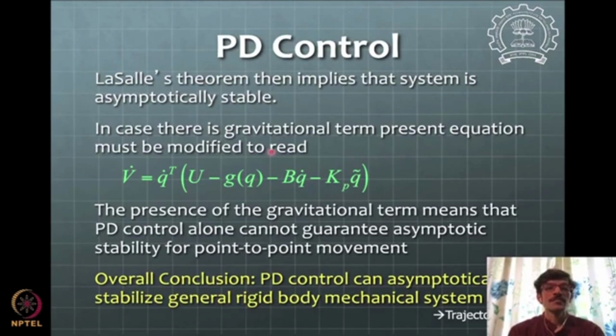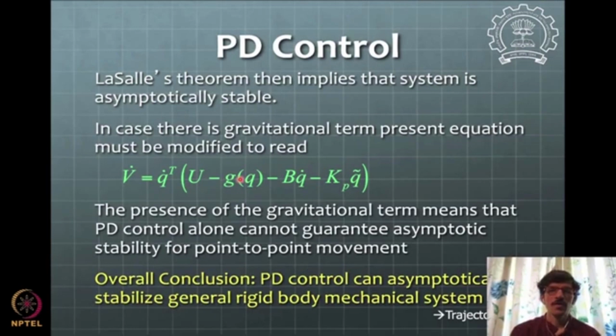Now when the gravitational term is there, then we need to compensate for that term. Because it is dependent upon g of q, it is dependent upon generalized coordinate. That term can be computed and compensated for by the control. So you do this control computation and you introduce this term in control to compensate for that. In u, if there is a term which is g of q, then that will get cancelled out.